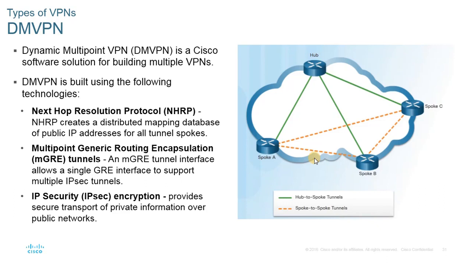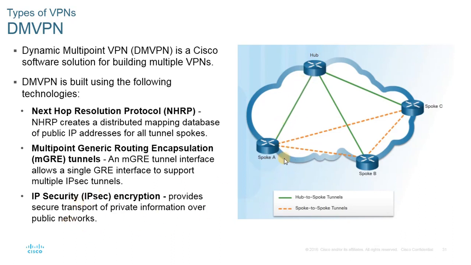Another is the multipoint generic routing encapsulation, or mGRE. It's an interface that allows a single GRE interface to support multiple IPsec tunnels. And lastly is IP security, or IPsec encryption, that provides secure transport of private information over a public network.